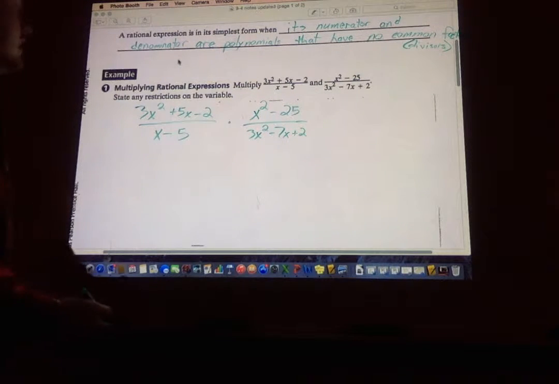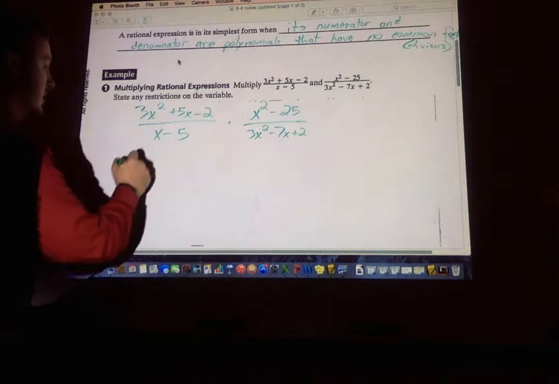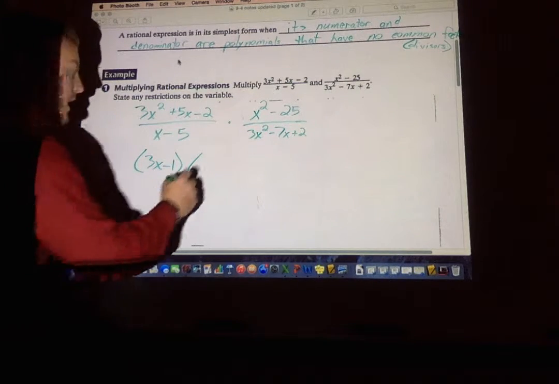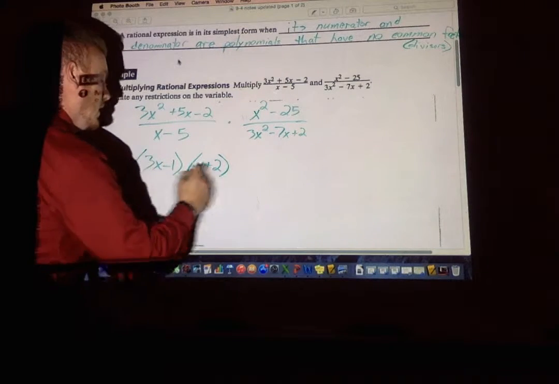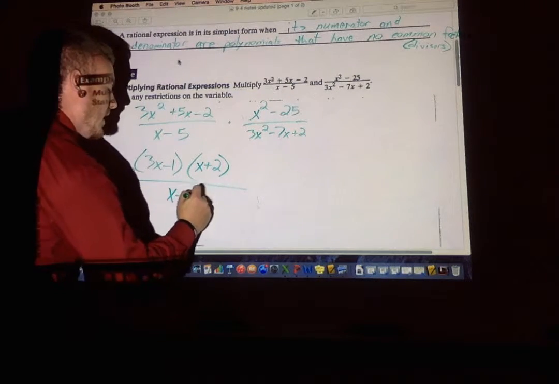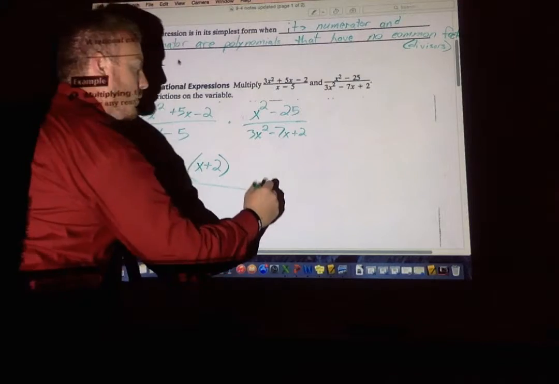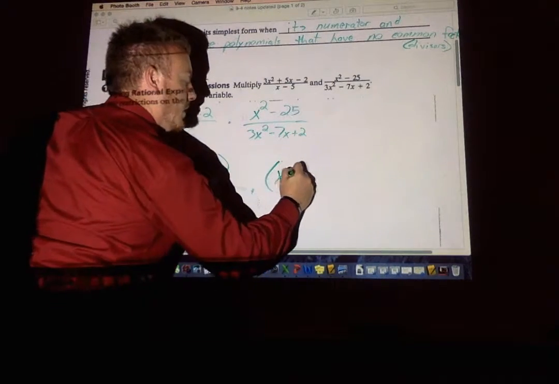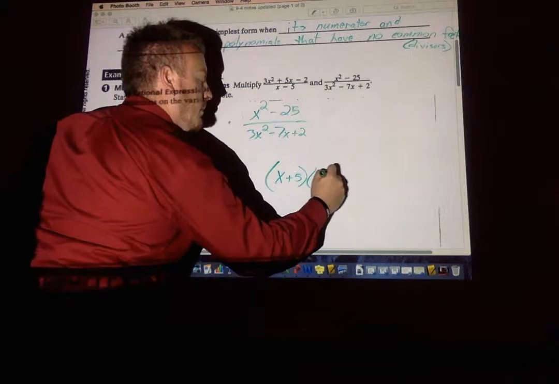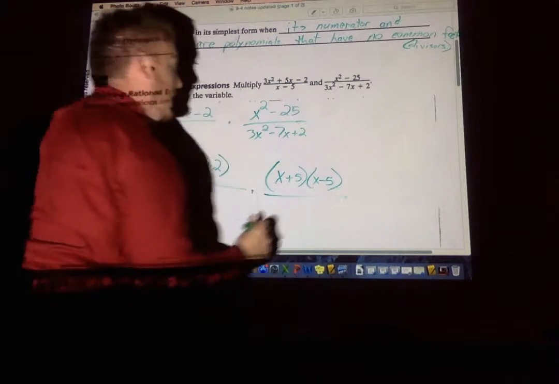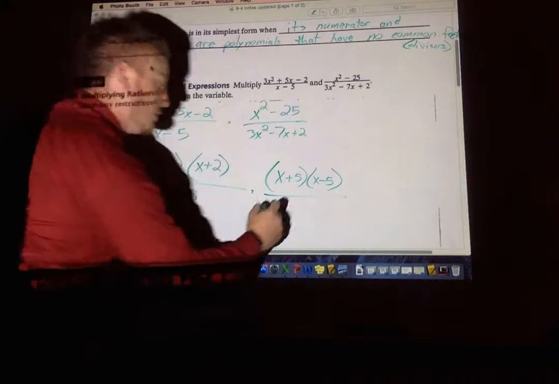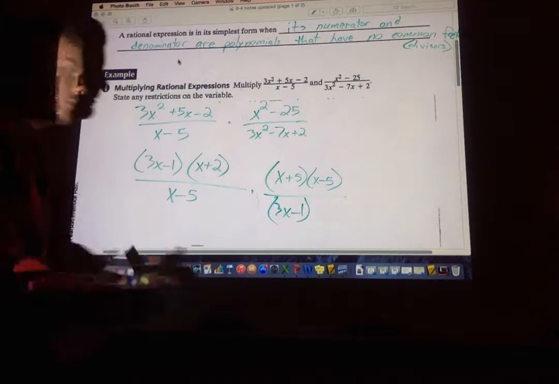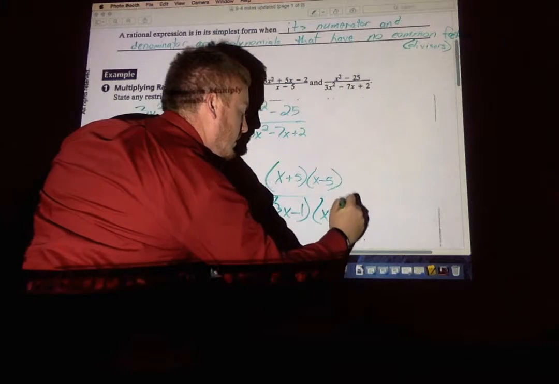Well, yes you can, and I did it already for us. It factors into 3x minus 1 times x plus 2, over the x minus 5 still. Now over here, we're going to factor the numerator, that's a difference of squares. So that's x plus 5 times x minus 5. The denominator will factor into 3x minus 1 times x minus 2.